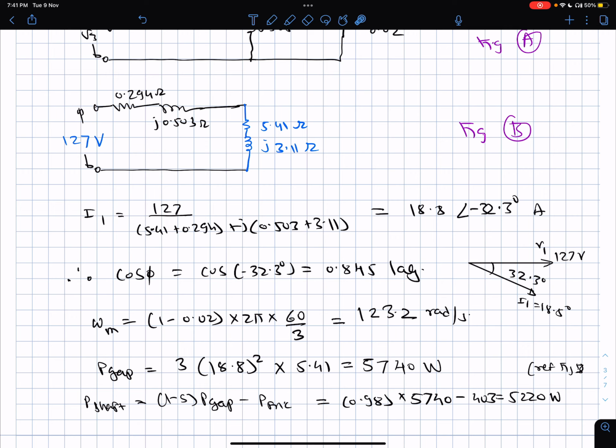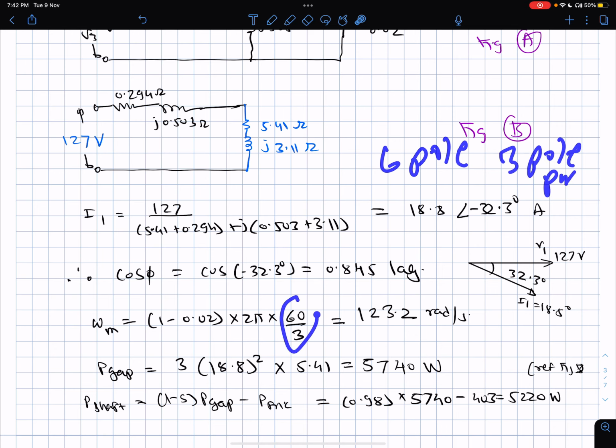Now what is the speed at which the machine is rotating at a slip of 2%? It is (1 minus s) into 2 pi. Because it's a 6-pole machine, that means 3 pole pairs.